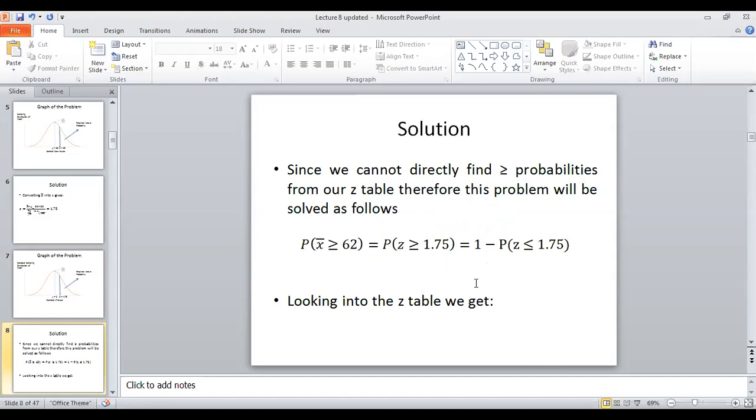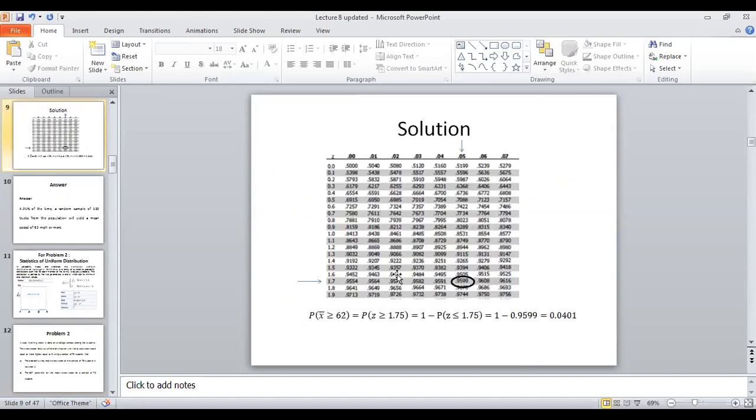Looking into the z table, we find the 1.7th row on the positive part of the z table and the 0.05 column, because 1.7 plus 0.05 is 1.75, and at the intersection we get 0.9599.